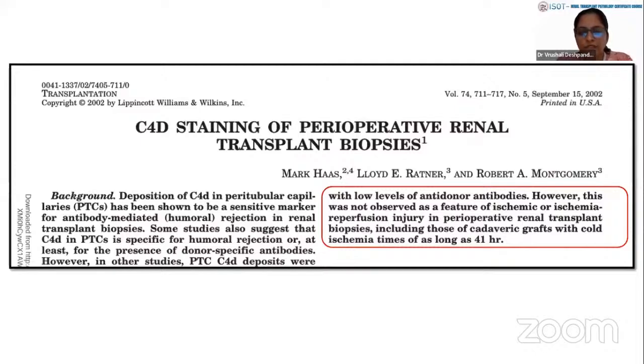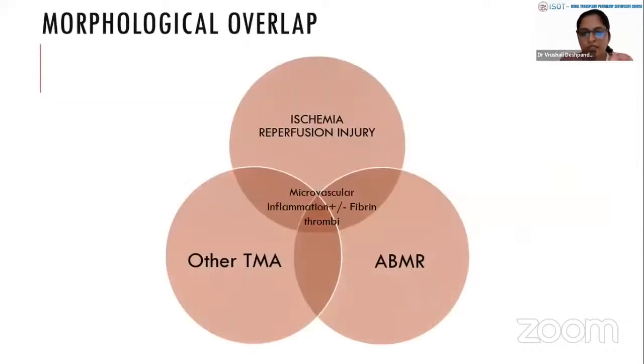So, in the early post-transplant period, if the biopsy is showing microvascular inflammation and our differentials include ABMR, C4d and serum estimation of DSA will help us to point the etiology towards humoral rejection rather than involvement with severe ischemia reperfusion injury.